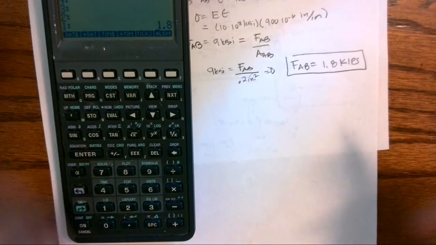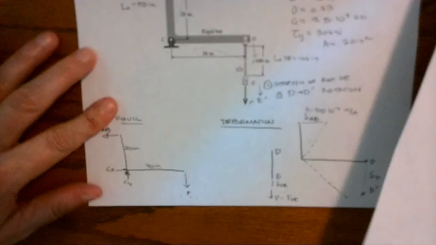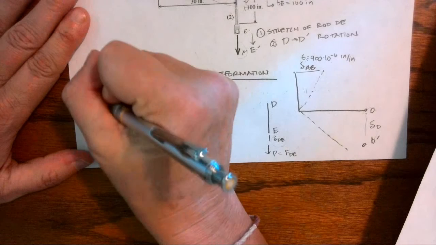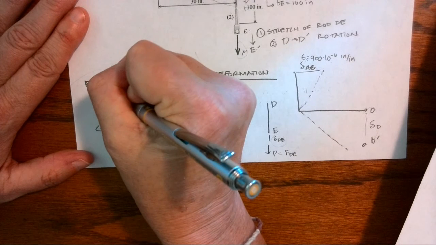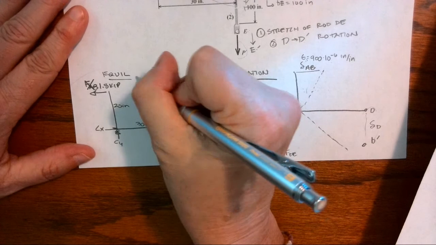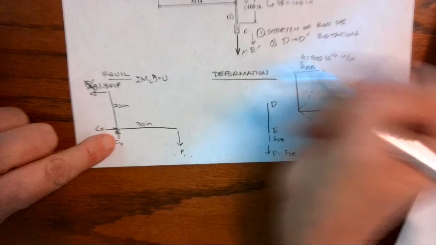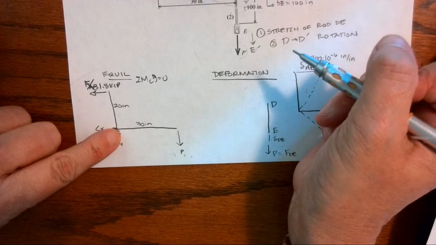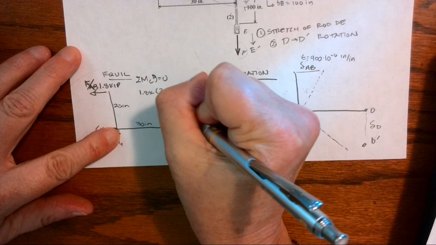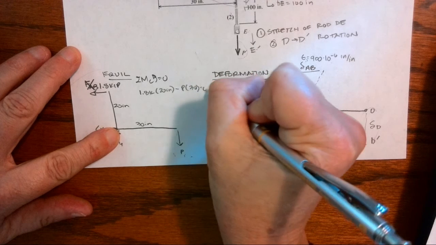So guess what I do? I'm going to go back over here to my equilibrium equation, just like we did in statics, and I'm going to put 1.8 kips. Now that I know that, I can sum the moments about C, which is my pin. I have 1.8 kips times 20 inches minus P times 30 equals 0.